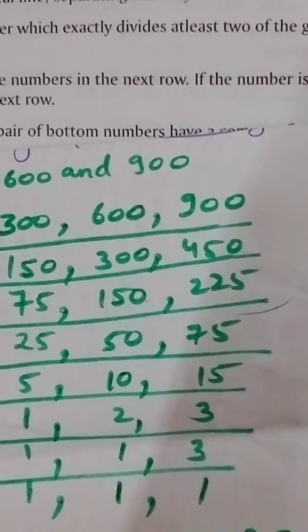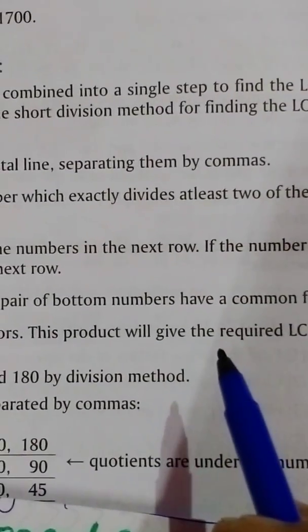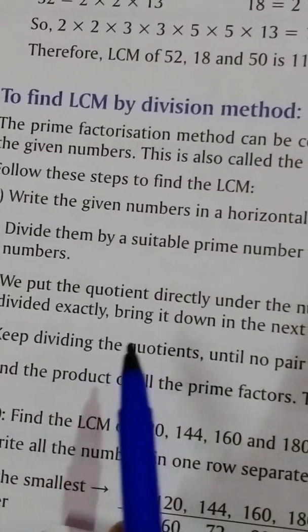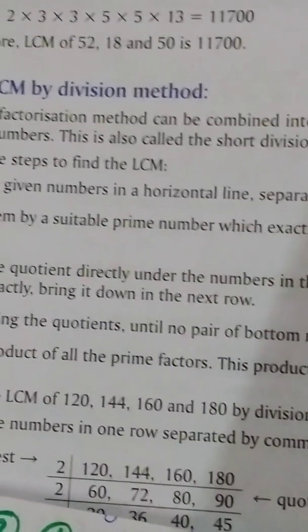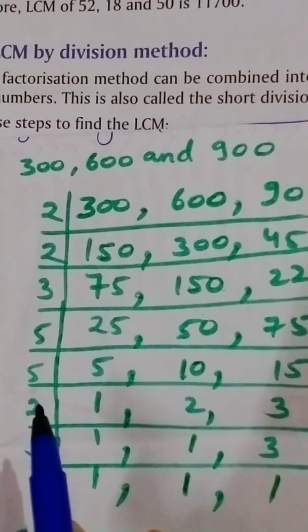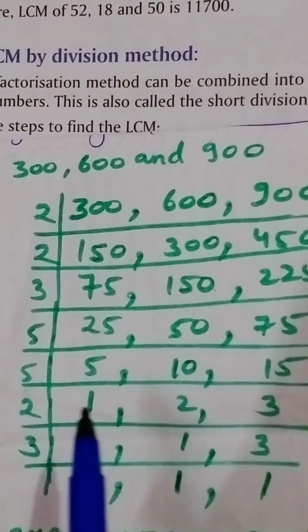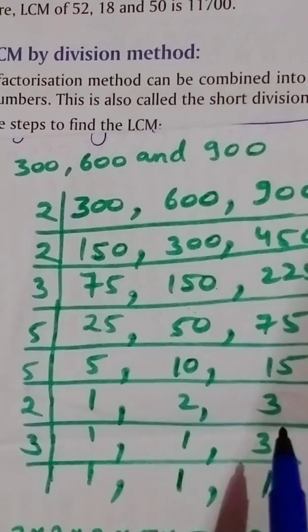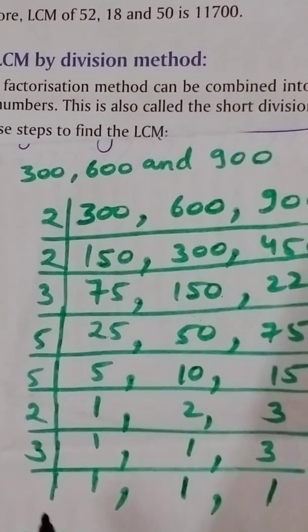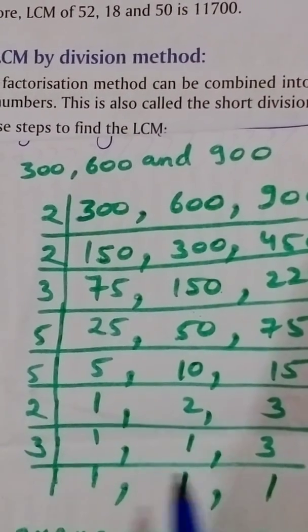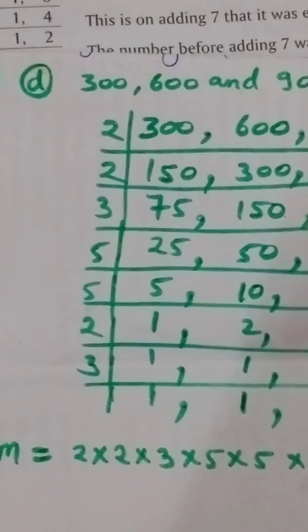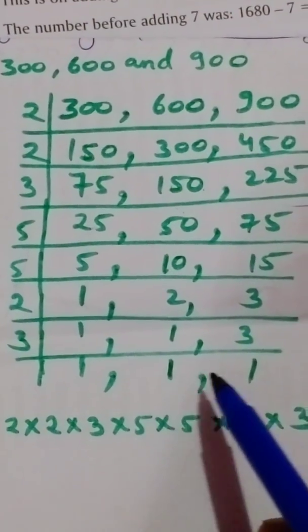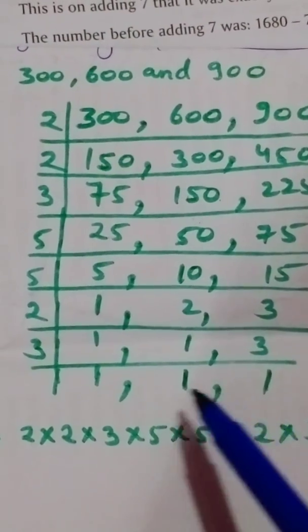Okay. Here you have seen in the third point, if a number is not divided exactly, bring it down in the next row. Here you have seen 3 is not divided by 2, so it is as it is. Now 3 goes by 3 one time, write it. So what you have seen here, all the quotients become 1.